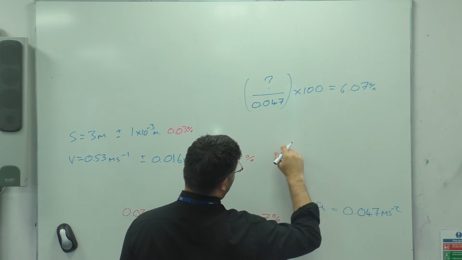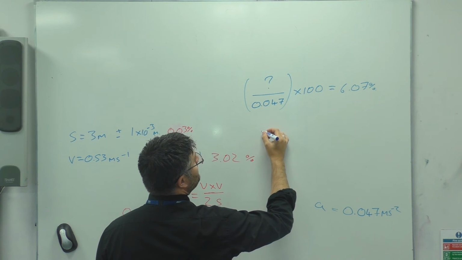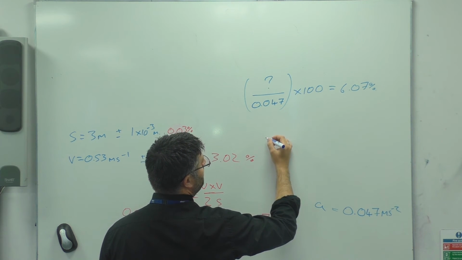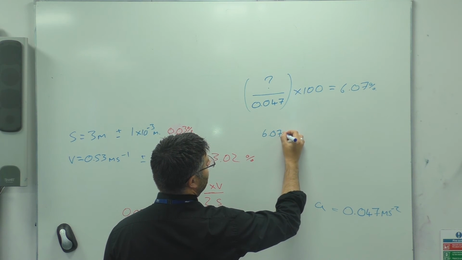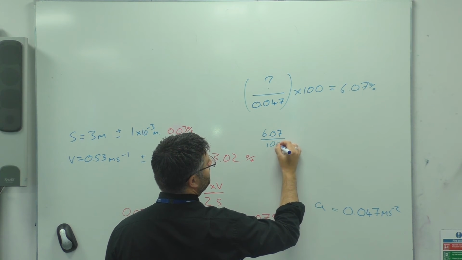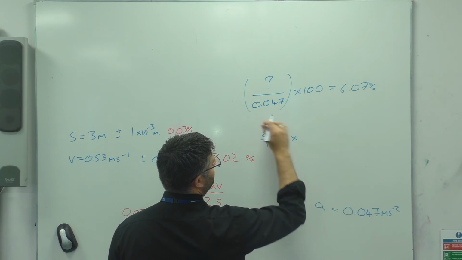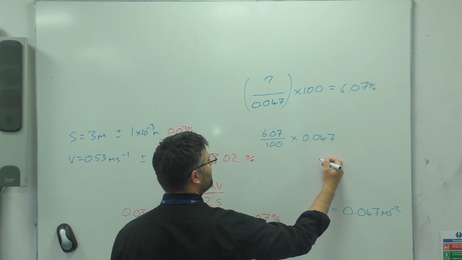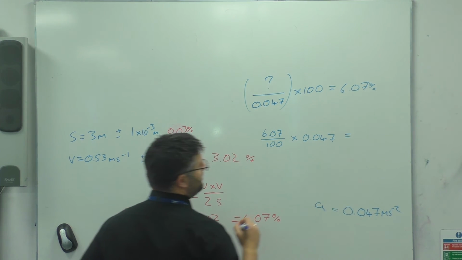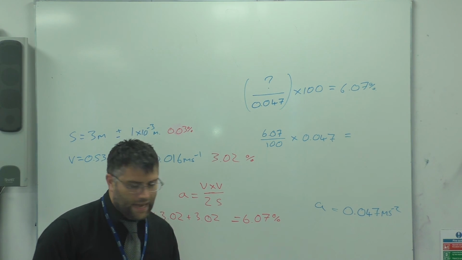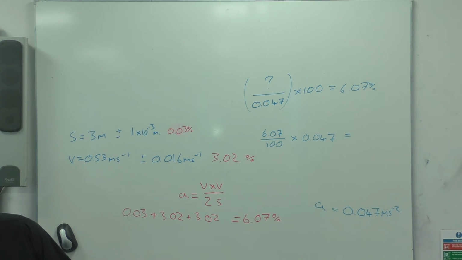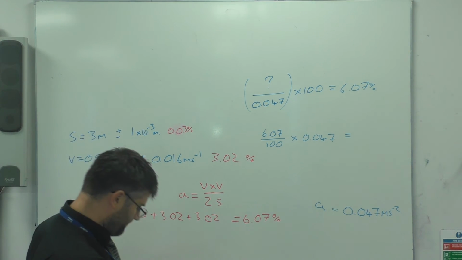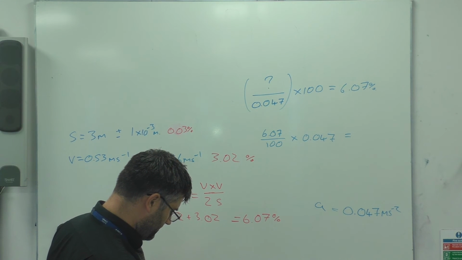So if I was to rewrite all this out as we would expect, we'd have 6.07 divided by 100 and then times by 0.047. And that is going to equal our plus or minus value. So when we work that out, we should be getting 6.07.